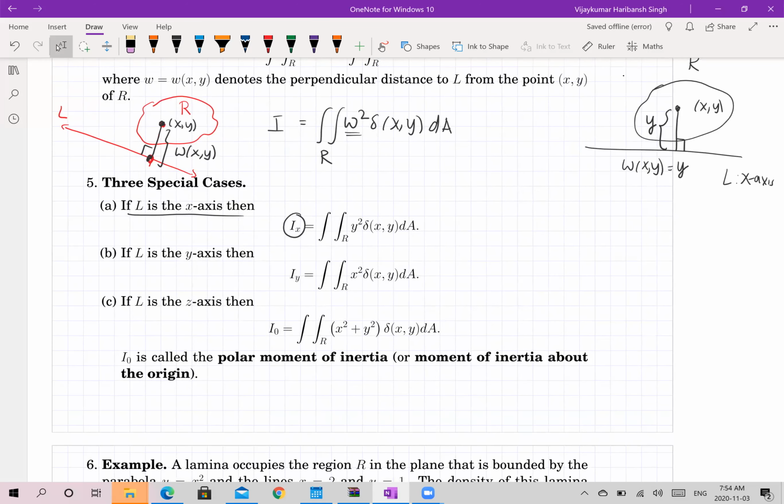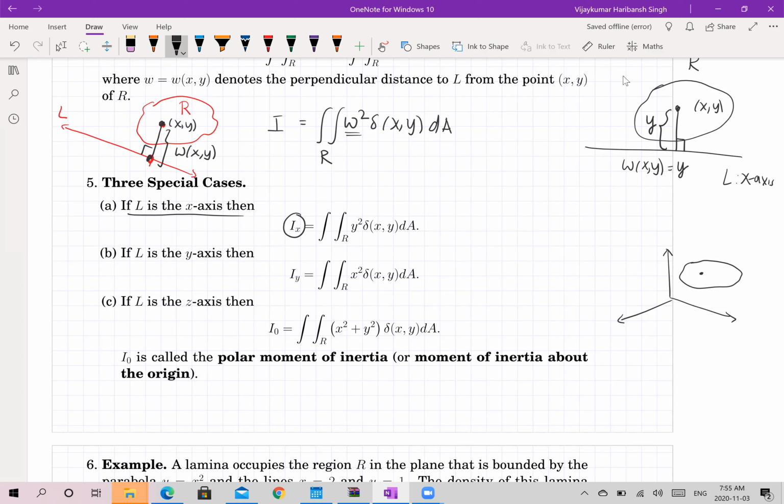Now, suppose L is the z-axis. Note that you're thinking about the lamina as a very thin sheet, right? So you're not associating volume with this object, you're only associating area with it.